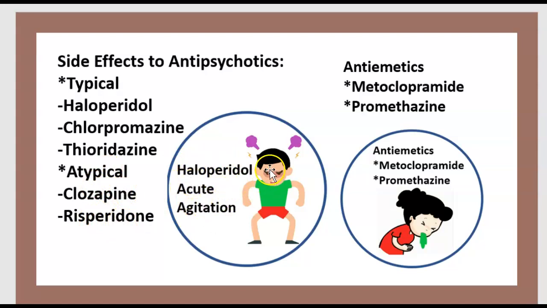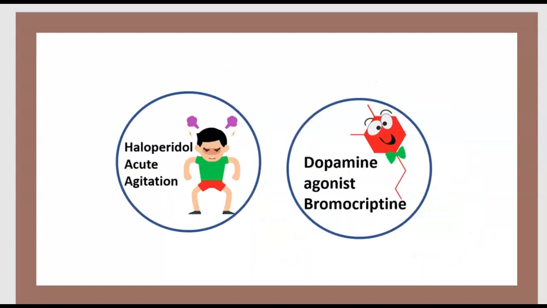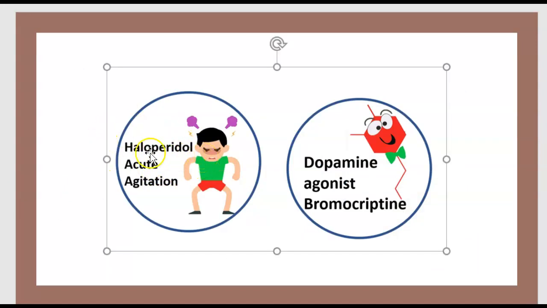When we give haloperidol, when there is acute agitation. Another cause of the syndrome is antiemetics, metoclopramide and promethazine. Acute agitation, we give haloperidol. Side effect, we give a dopamine agonist, which is bromocriptine.